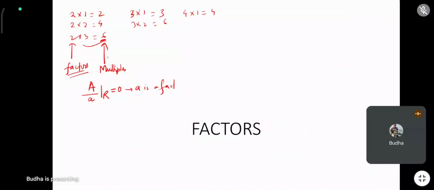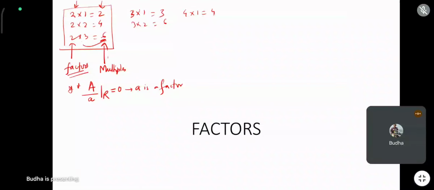But if we learn this way it becomes a bit complicated. Algebra comes in, variables come into the picture, so it becomes difficult. So learn in a simple way. In the multiplication table, left hand side are factors, right hand side are multiples.